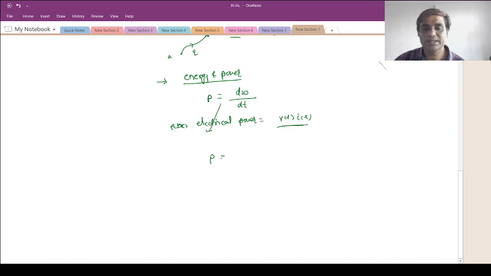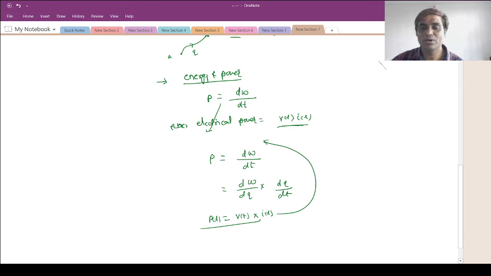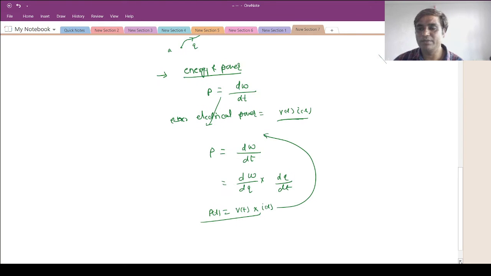Let me take the electrical power as the rate of change of work done per unit time, and this I can also write at an intermediate level as dw by dq times dq by dt, and we know these quantities. This represents the voltage required to move charges from one place to another, as well as the amount of current flowing through it, which is my p of t. Okay, so the product of voltage and current gives me the power.